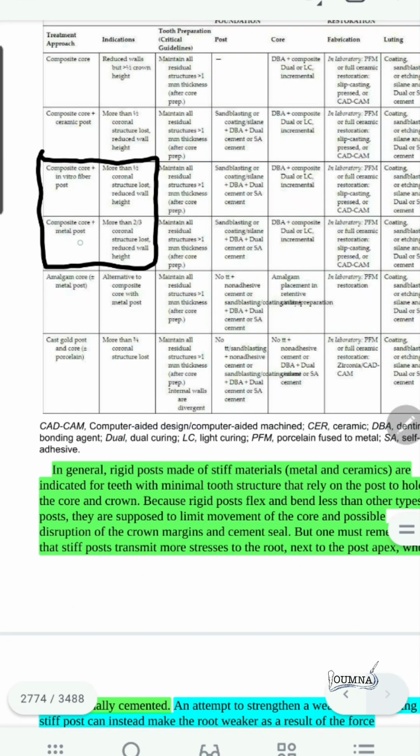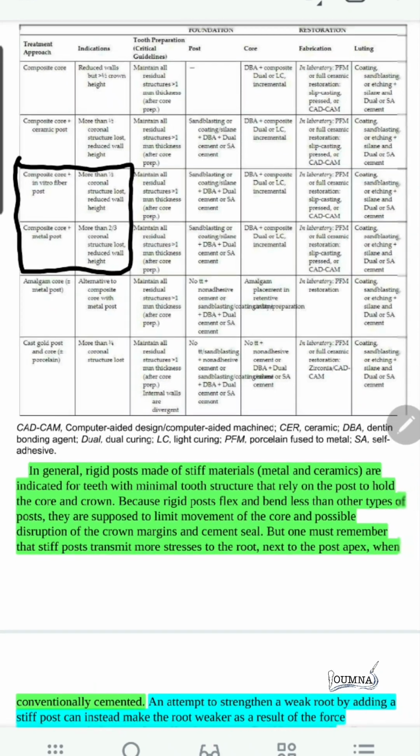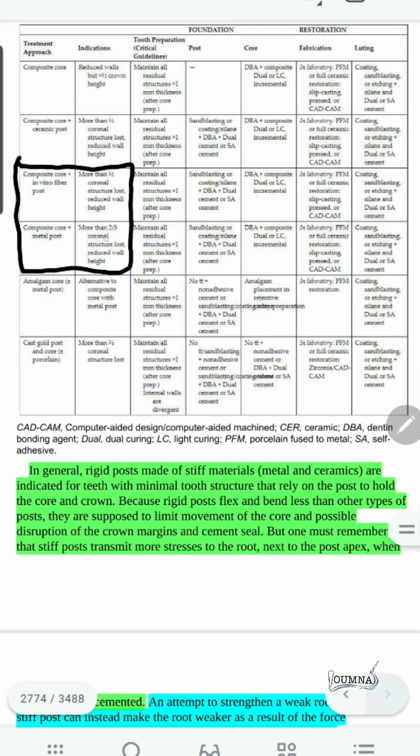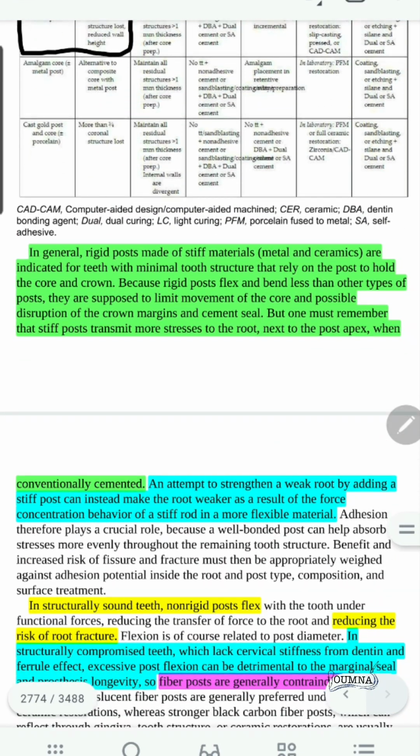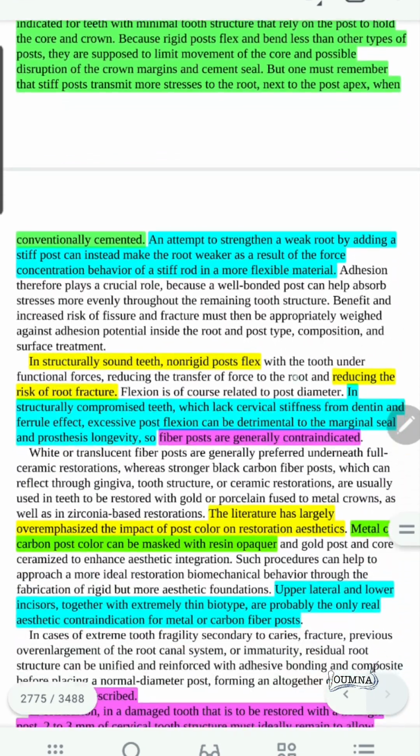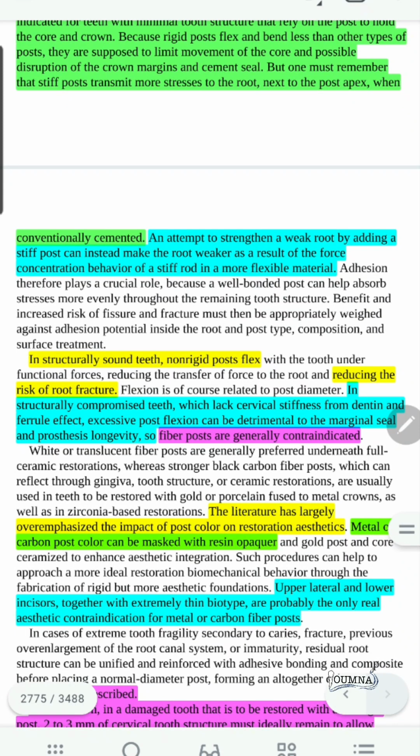Because the metal posts are more rigid, they can compensate for the tooth structure that has been lost and prevent any possible future fracture.